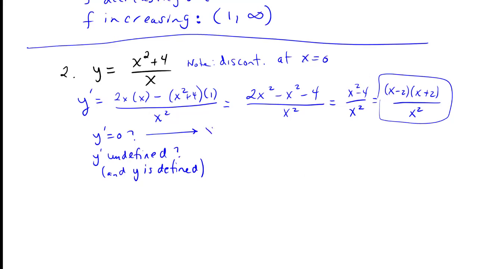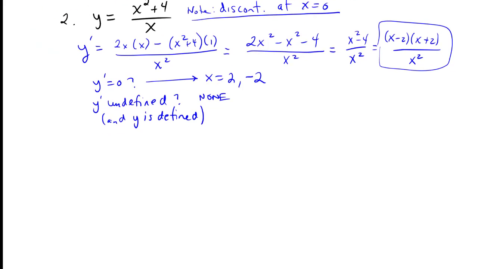Its numerator is 0 when x is 2 and negative 2. Where is y prime undefined? Well, it's undefined at 0, but the original function was also undefined at 0, so that's not really a critical number. It's going to be an important place, but it's not technically a critical number.